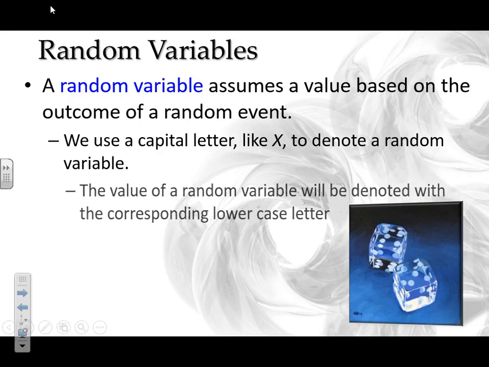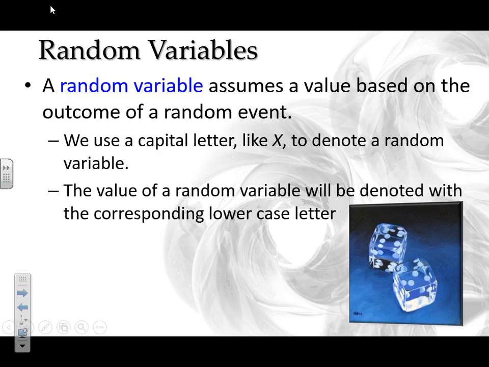When you name it then, the value that the variable can take on, so the different values that can occur, will be denoted with the corresponding lowercase letter. And that is a distinction that needs to be made, because I will count off for that if you say capital X equals 2. Capital X is what the variable is.